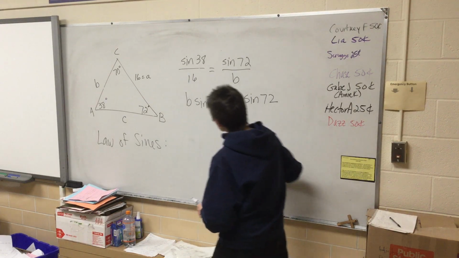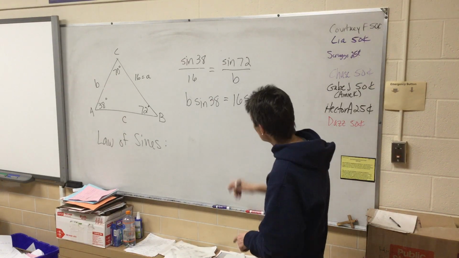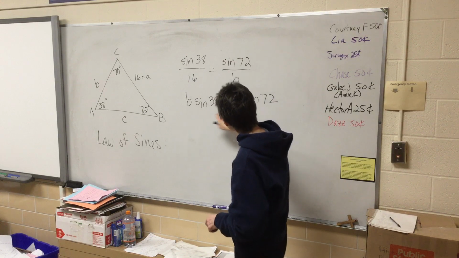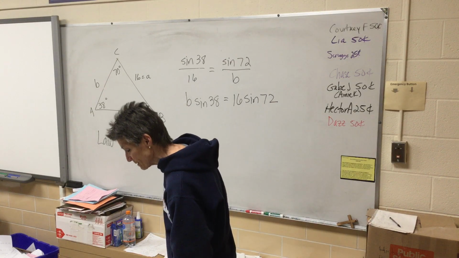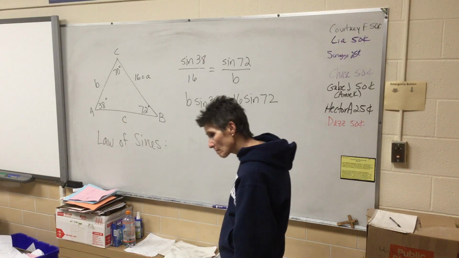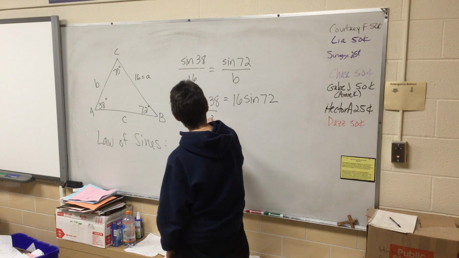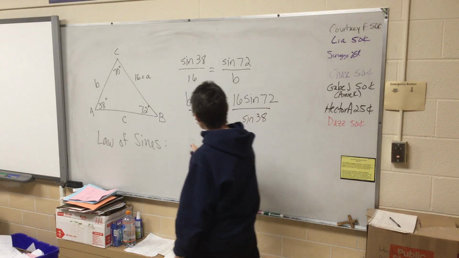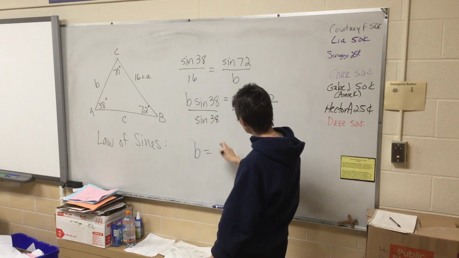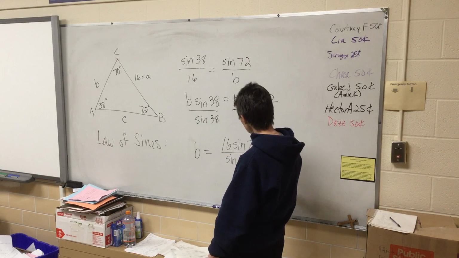Now remember, you are trying to find side B. So what are we going to have to do now in order to know what B equals? Divide by sine 38. Exactly. So B will equal 16 sine 72 over sine 38.